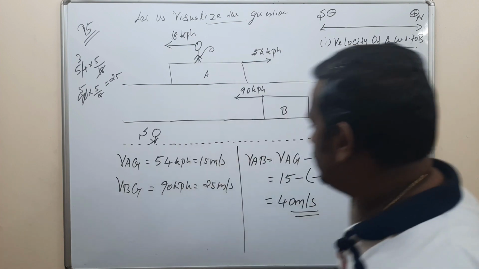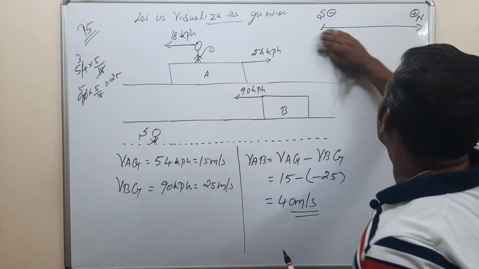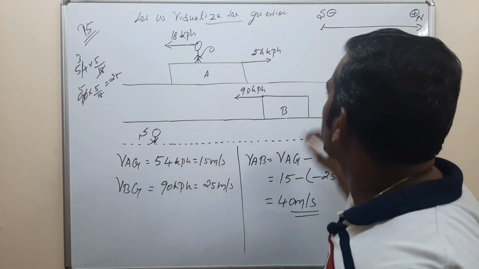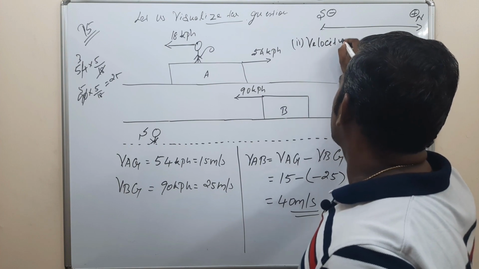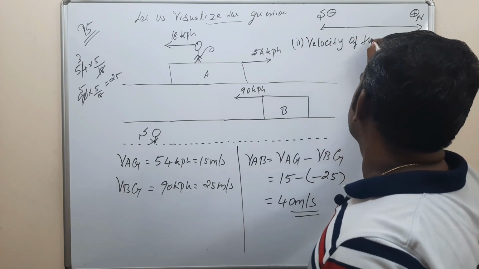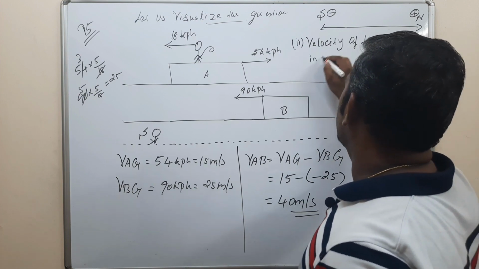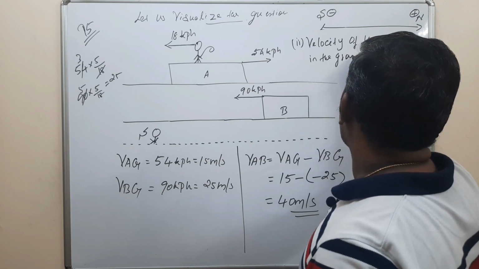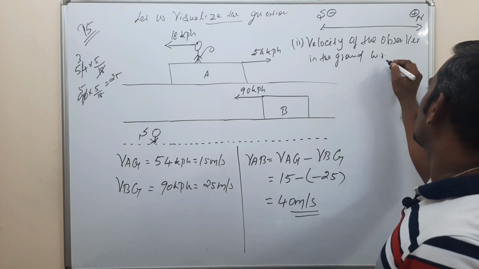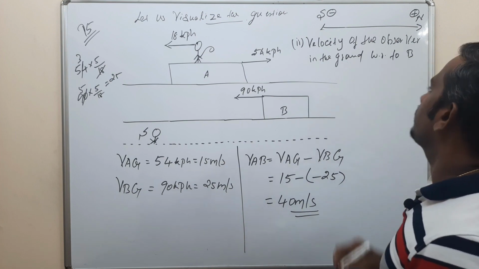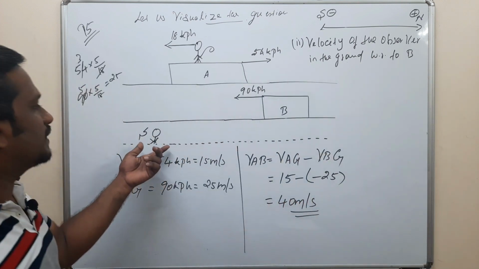The second thing we have to find in the question is the velocity of the observer on the ground with respect to B. A stationary observer is on the platform or on the ground.